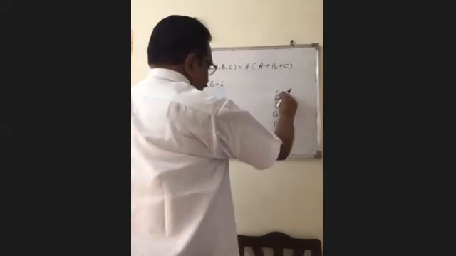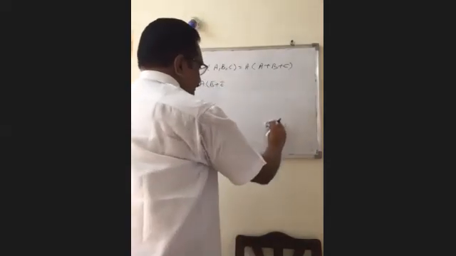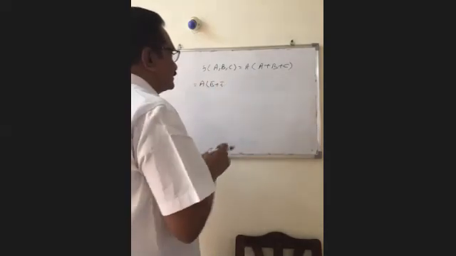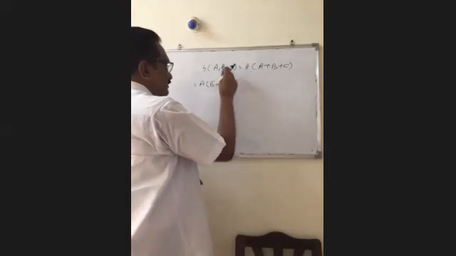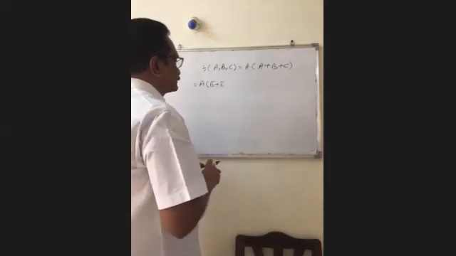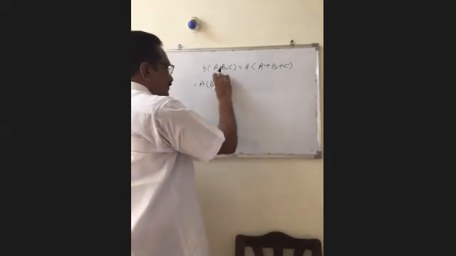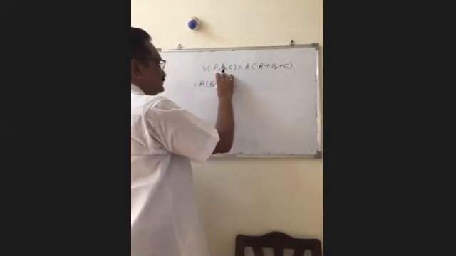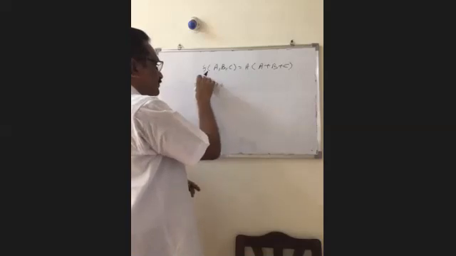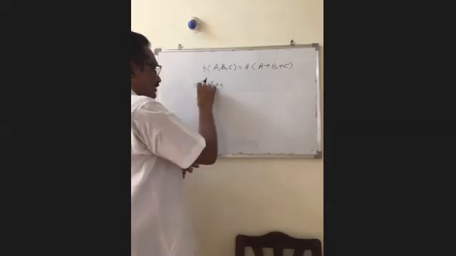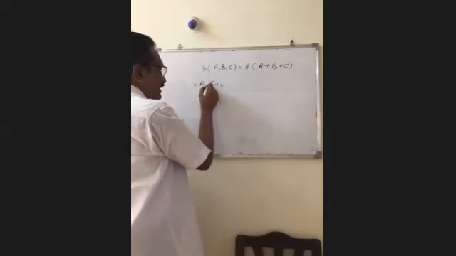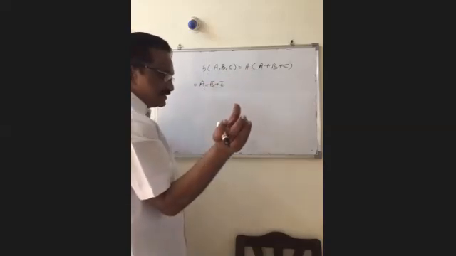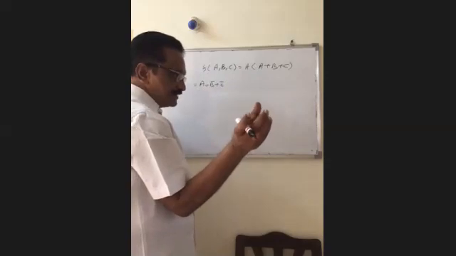What is the first term? A plus, what are the variables missing from this one? B and C, right?